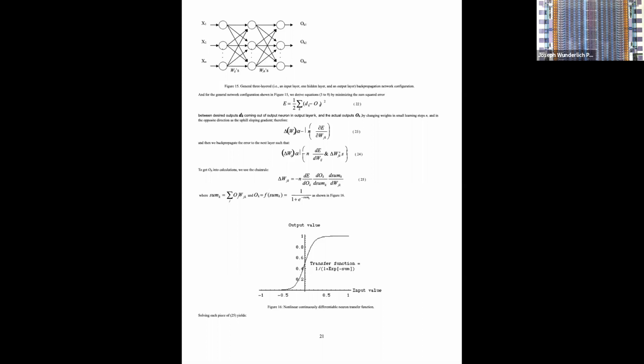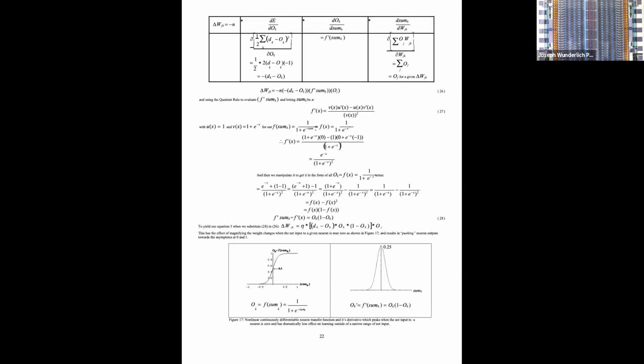That's the error I want to minimize, and I want to change the weights with respect to that. So you see the partial derivatives and the calculus involved, and then the breakdown of the calculus using the quotient rule and different parts of the calculus.